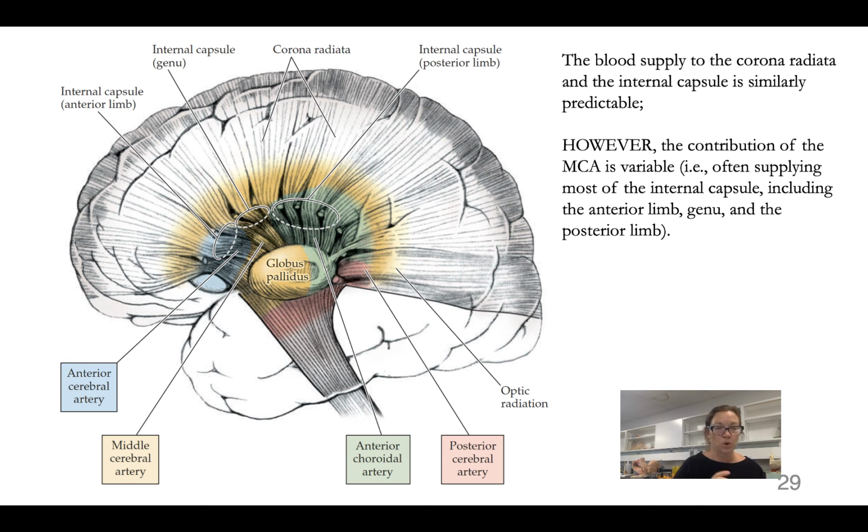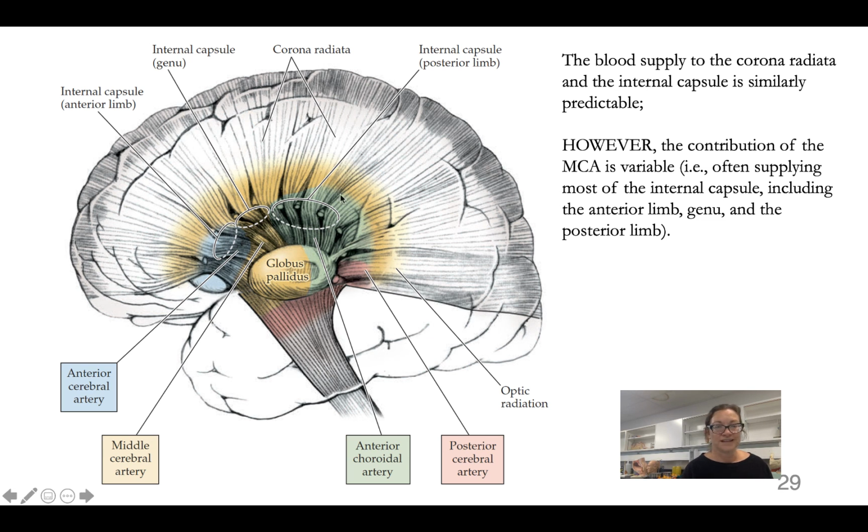Some people have more or less preservation based on the amount of circulation that's derived from the MCA supplying these deep brain structures. And so, although we've dogmatically tried to map this, the MCA often supplies most of the internal capsule. And so clinically, that's just an important thing to remember.